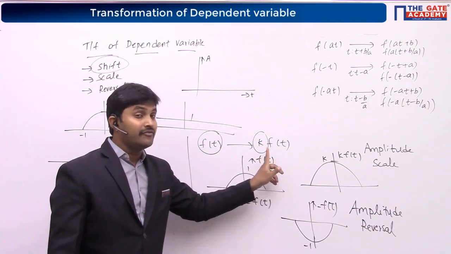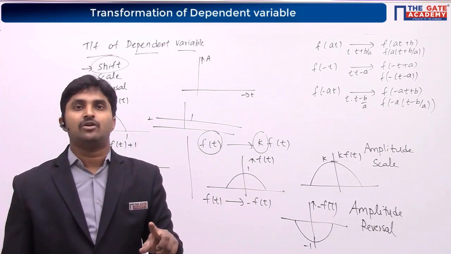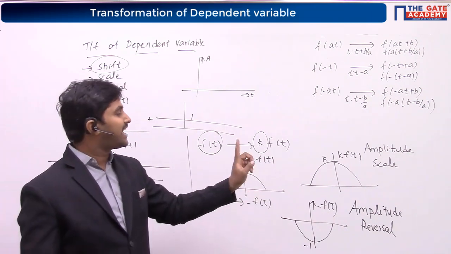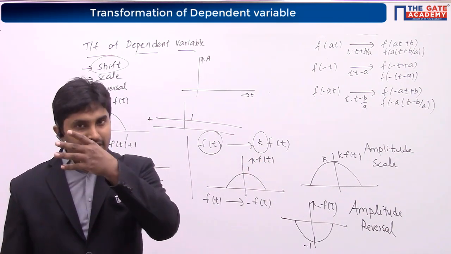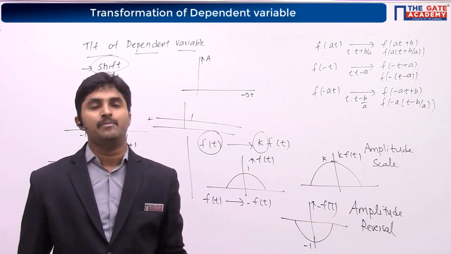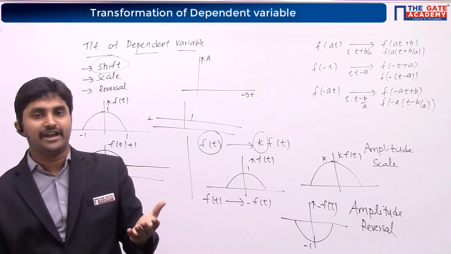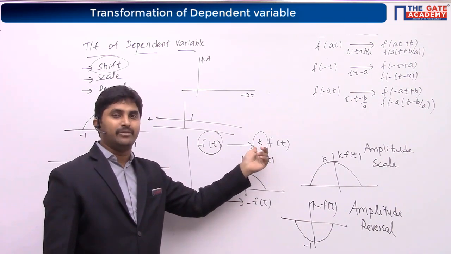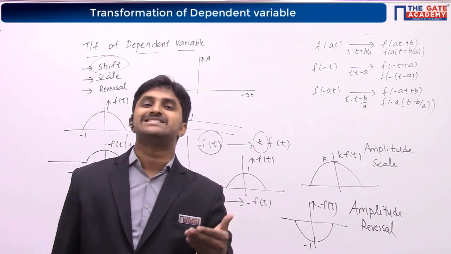In a way, we can also call it an amplification when the value of k is greater than 1. When the value of k is greater than 1, then you are actually increasing the strength of the signal. Increasing the signal strength is what we call an amplification of the signal, correct? Yes or no? So multiplying by a scaling parameter can be called an amplification if the value of k is greater than 1.